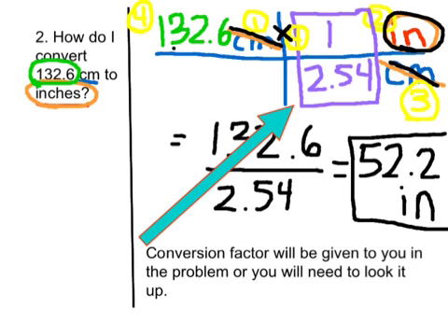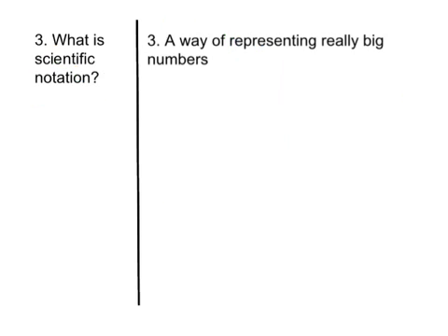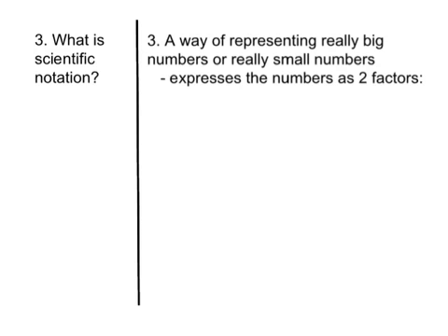All right, we're going to get to the second part of these notes, which is on scientific notation. So let's take a look at that. Okay, so you should know what scientific notation is from previous math classes, probably upper elementary and middle school. But basically, scientific notation is a way of representing really, really big or really, really small numbers.